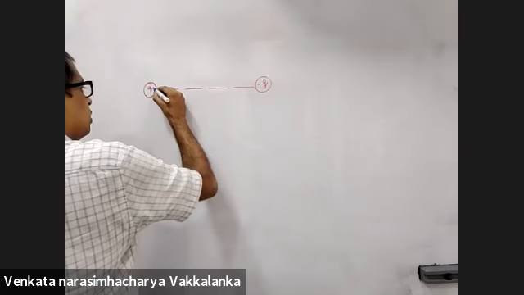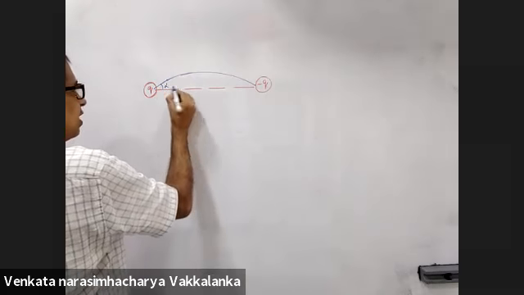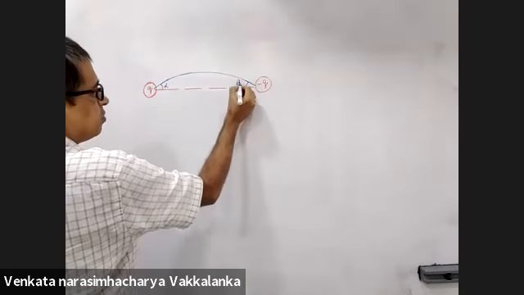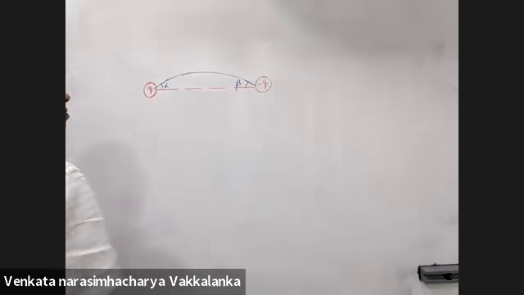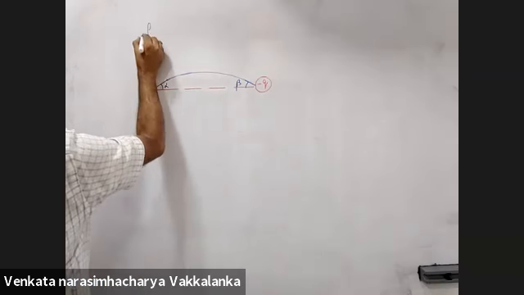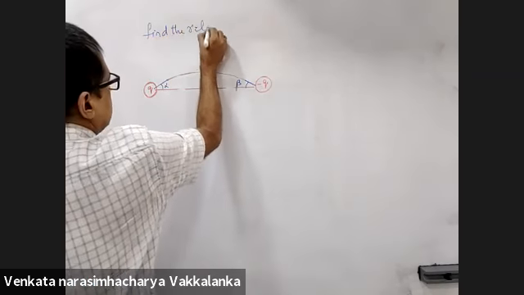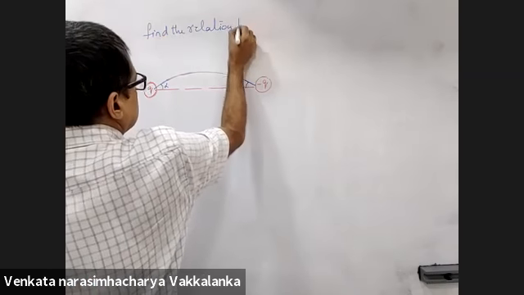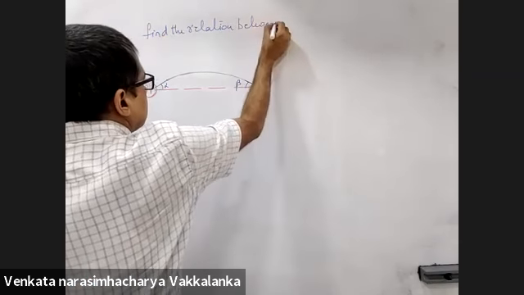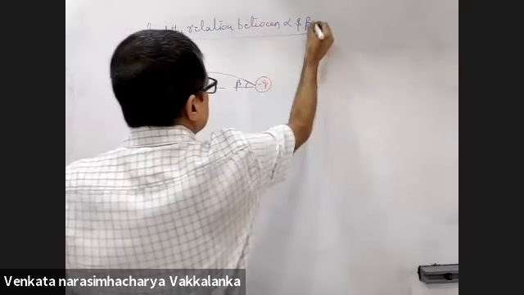It is asking you, if there is an electric line of force here at an angle of alpha and this at an angle of beta, find the relation between alpha and beta.